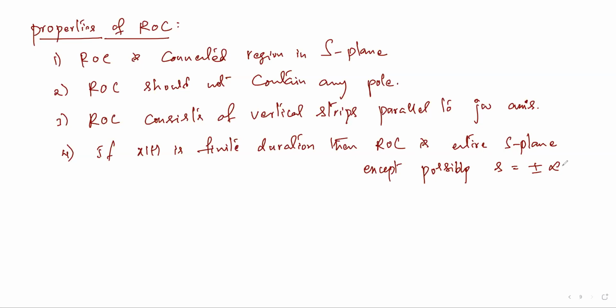Like delta of n minus 1, 2, 3, delta of n plus 2, 3, 4. This kind of signals. Later you can verify.